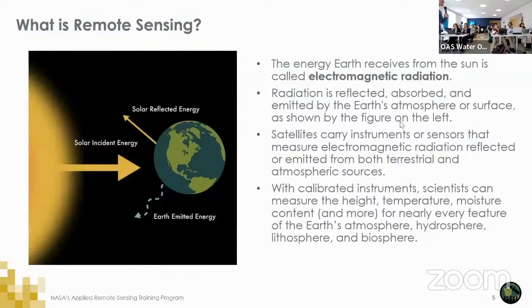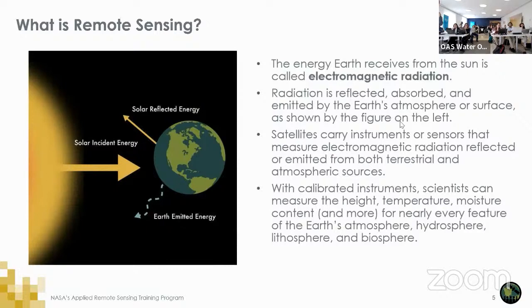And the satellites that are up there are carrying instruments that are measuring all the different light energy that's being reflected or emitted from the atmosphere to the biosphere, so all plants and life, to the lithosphere, all the geologic formations, and then also the hydrosphere, which I think probably most of you are concerned about, if it's oceans, rivers, riparian areas, lakes, etc.